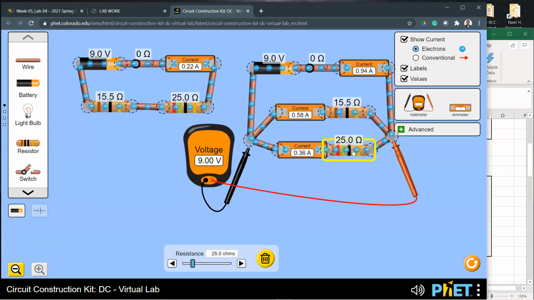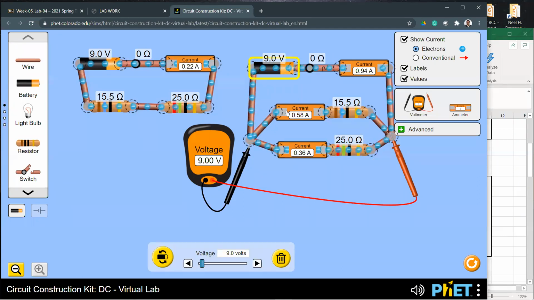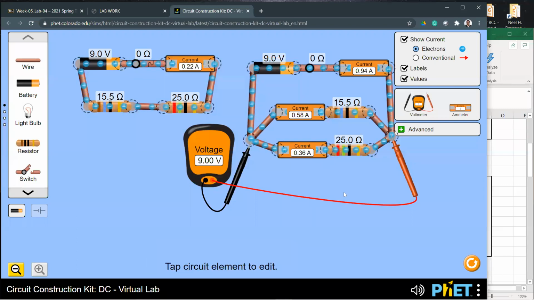And the voltage should be fine because it automatically selects 9 volts. Just keep that. If you have all of those the same, you should get the same numbers as what we see here. All right, I'm getting it. Thank you. Anyone else has any problem?